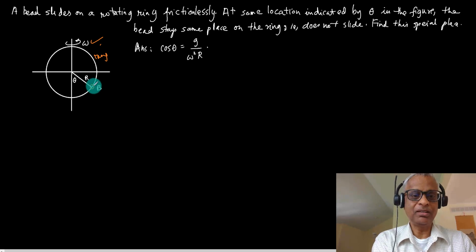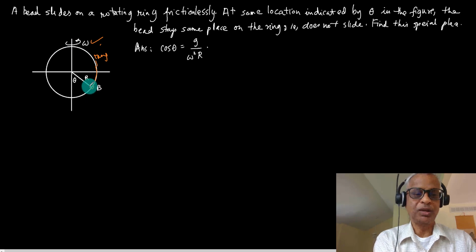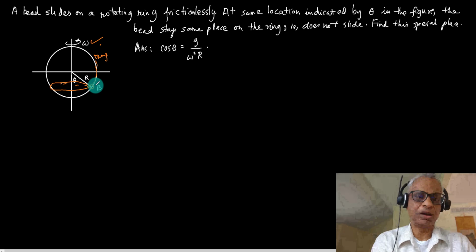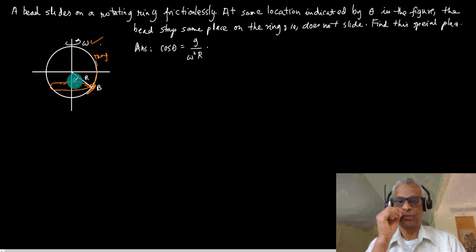And there is a little bead that slides on this ring. But if you place the bead here, and it's rotating at that speed, the bead just goes around with the ring in this circle and doesn't go anywhere. It stops sliding back and forth. So we're supposed to find this angle.